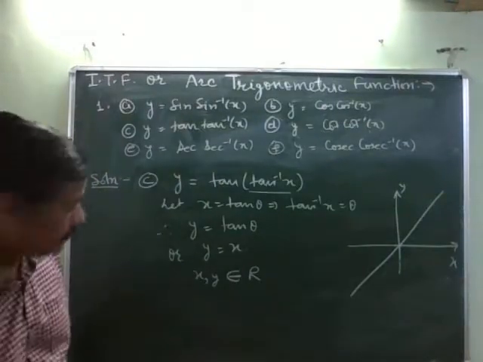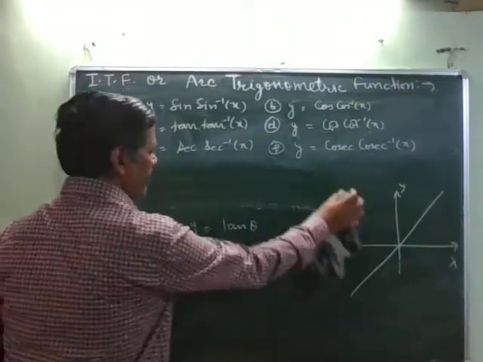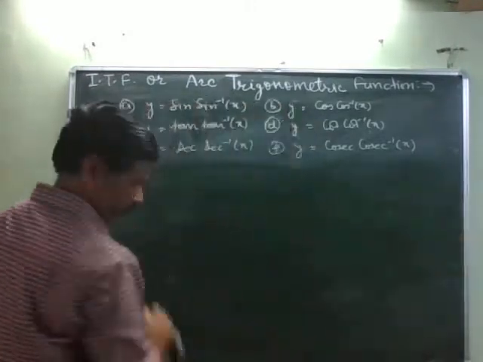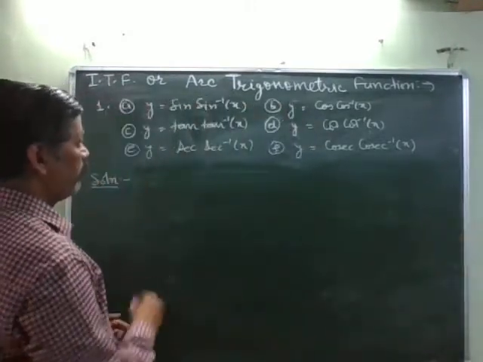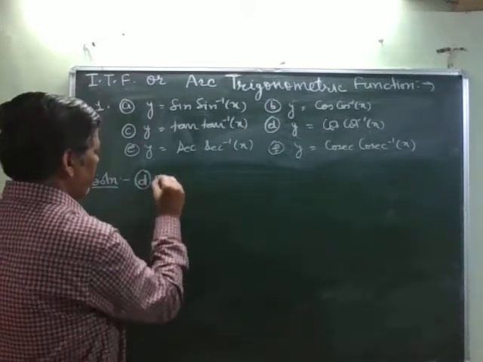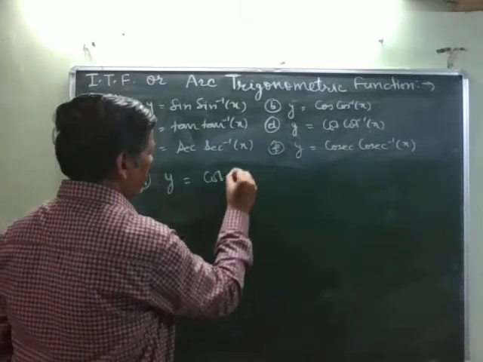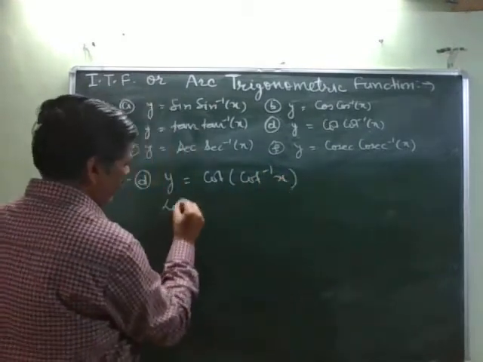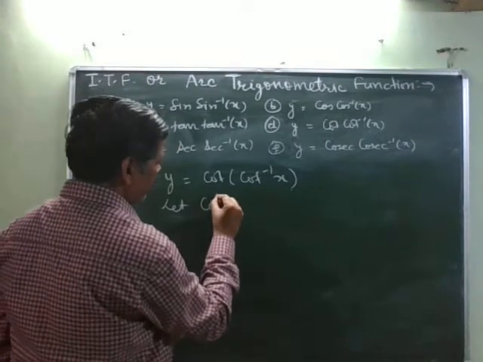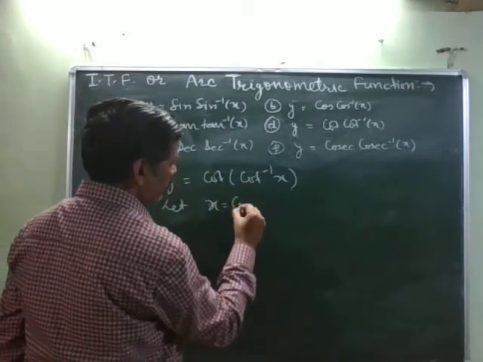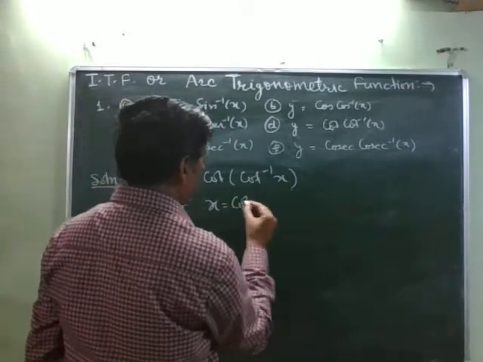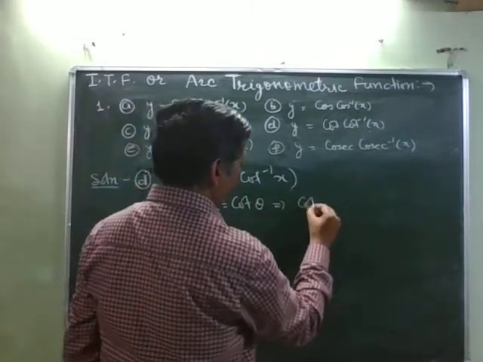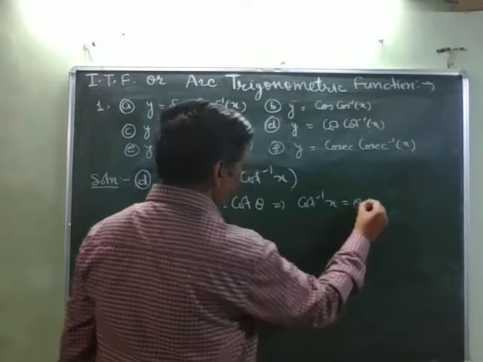Now part number 4 or D. Y is equal to cot inverse x. Again say, let x is equal to cot theta. It implies that cot inverse x is equal to theta.